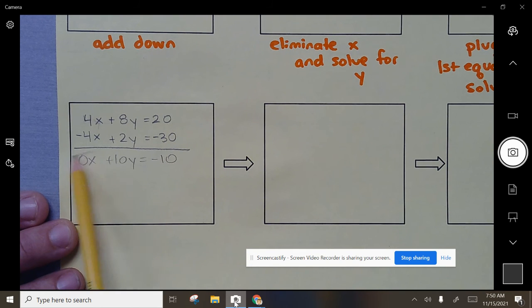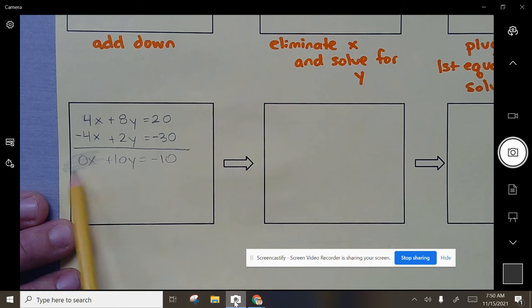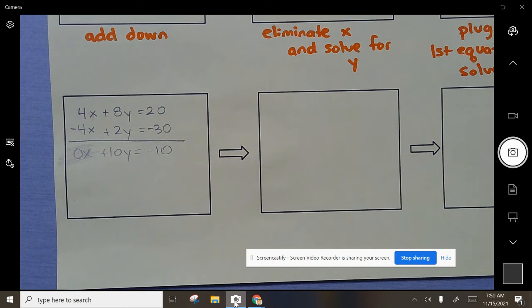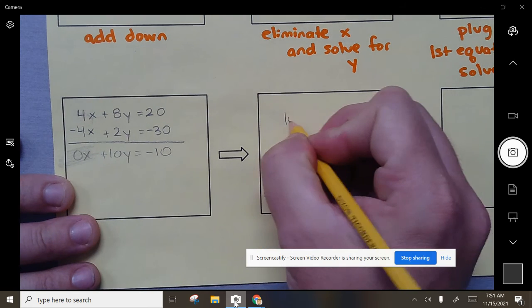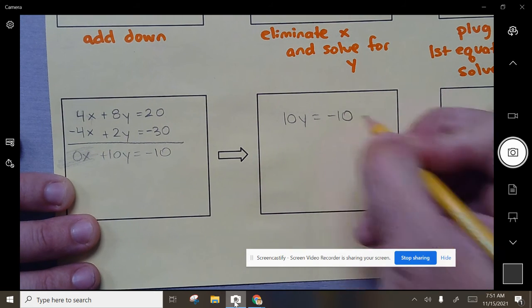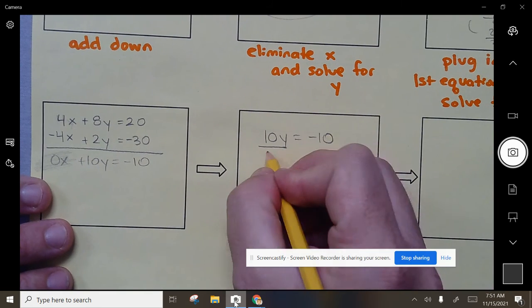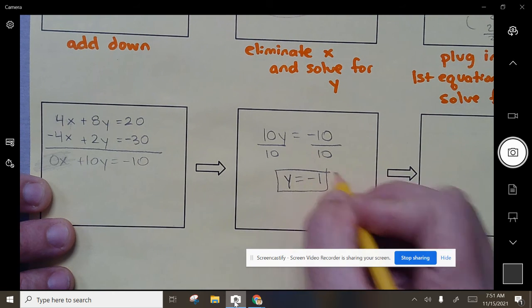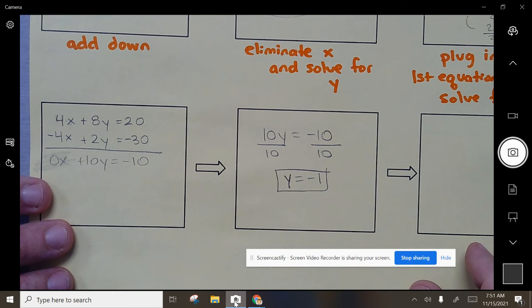All right, this got eliminated because it's 0. There's no 0x's in this one. All right, this isn't no solution or infinite. It's none of that stuff. When you get a 0x, you've eliminated the variable. Let's go ahead and put it here. All right, divide by 10. We okay with that? Y equals negative 1.